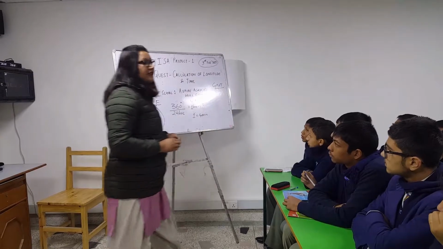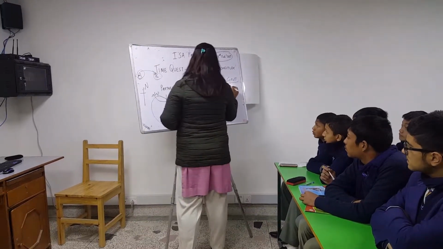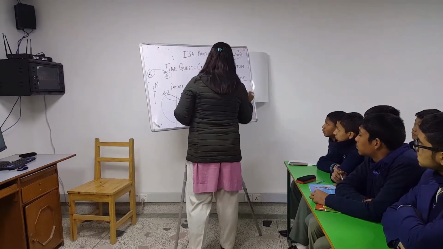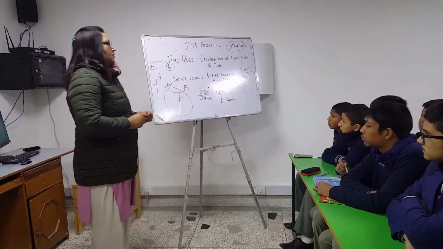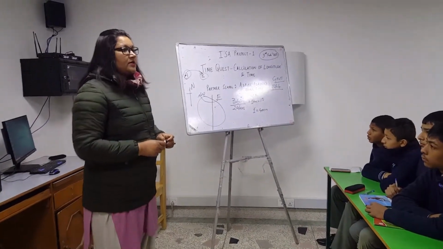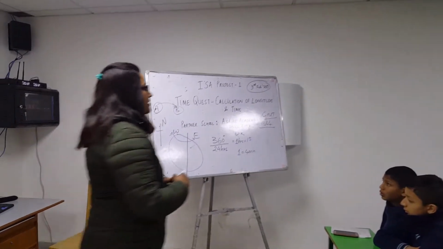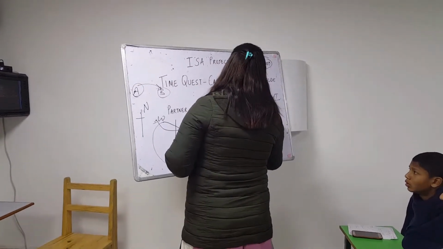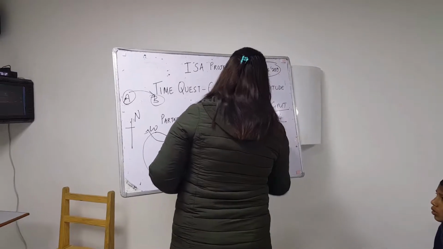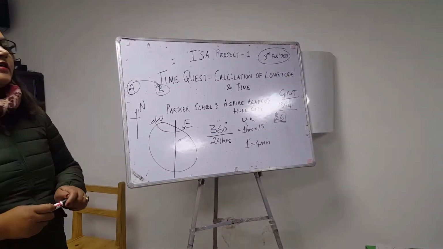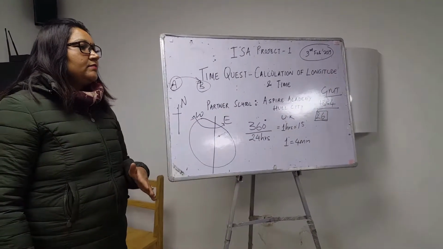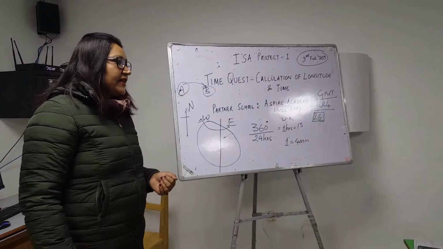In 1884, there was a Meridian Conference in Washington, USA. Okay, so 26 countries of the world were present there to talk about how to solve the problem of calculating the time.